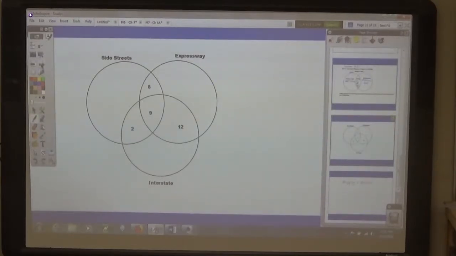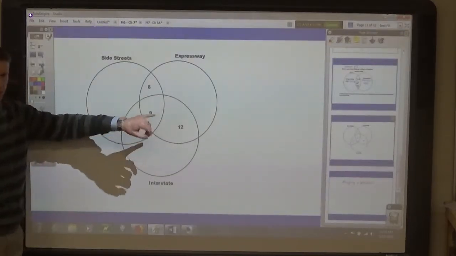The results of the survey show that 90 commuters use side streets, 75 use expressways, and 85 use the interstate. 15 commuters use both the side streets and expressways. 21 use both the expressways and interstate, and 11 use both the side streets and the interstate. 9 commuters use all 3 types of roads.